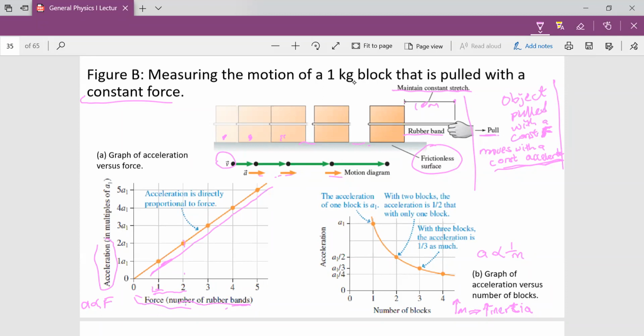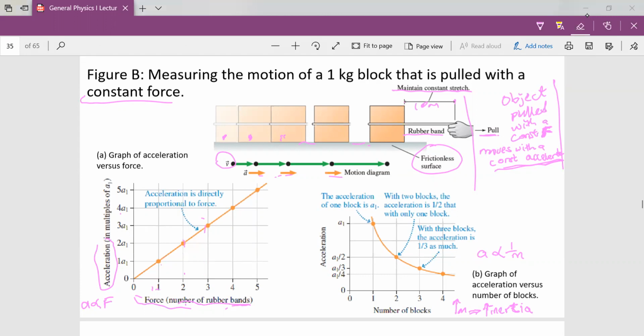We add another 1, acceleration goes to 2, acceleration goes to 3 according to the rubber band. So it was established from this experiment of trying out the rubber band with the way we did with our finger on the block, that acceleration is directly proportional to force.